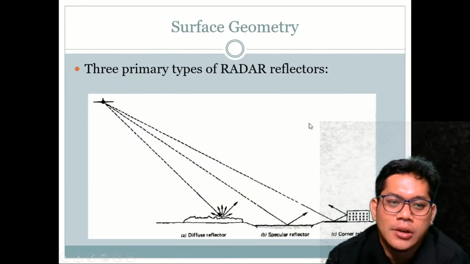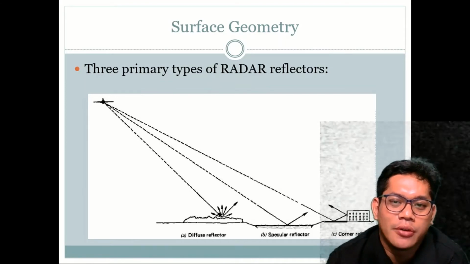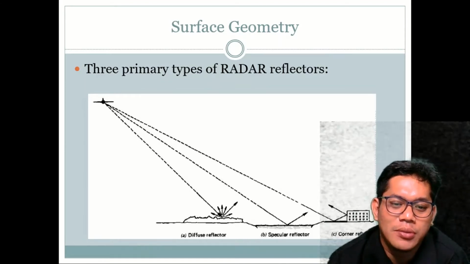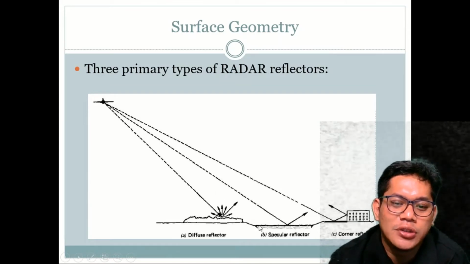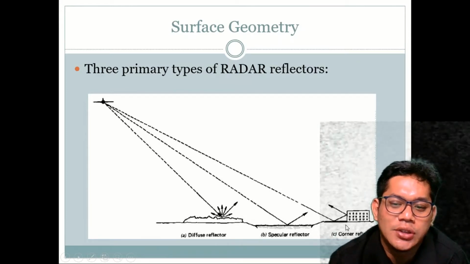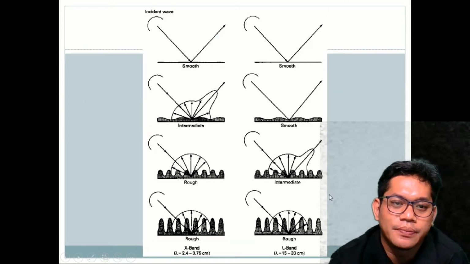Okay, so there are three primary types of radar reflectors. The first one will be the diffuse reflector, okay, the uneven terrain. The specular reflector, usually the flat surface, and the corner reflections when there are obstructions on the surface.